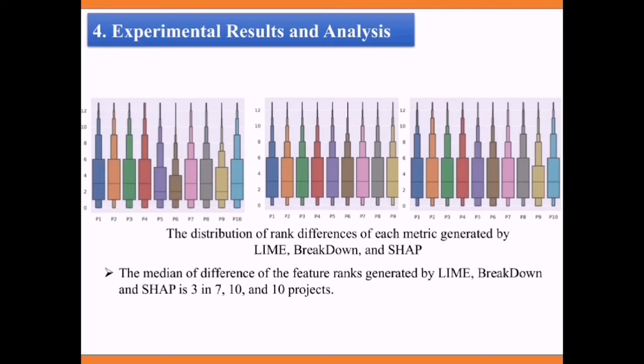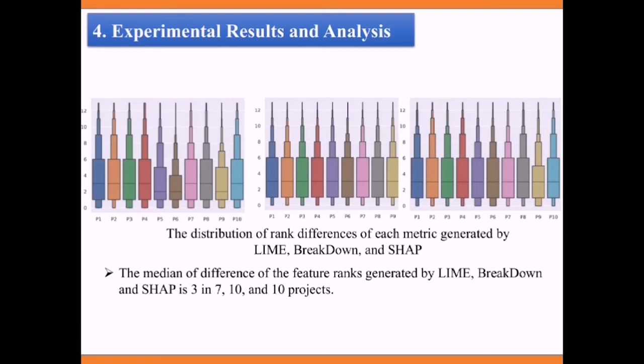The three figures show the experimental results of LIME, breakdown, and SHAP techniques on 10 projects. As can be seen from the three figures, the median differences of the feature ranks generated by LIME, breakdown, and SHAP are 3, 7, and 10.